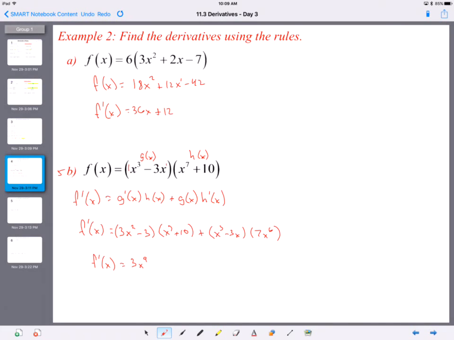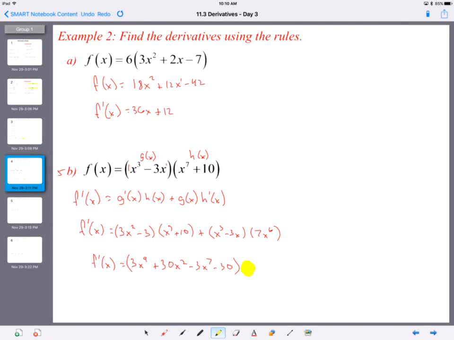And then it looks like we have plus 30x squared minus 3x to the 7th minus 30. So this whole thing represents those two being multiplied together.